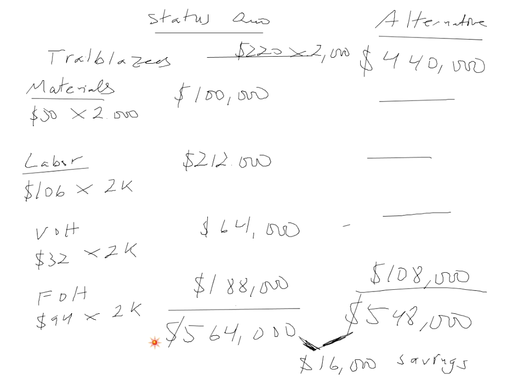So there's a lot of factors to consider. In this case, the question said that $20,000 is their threshold. If it's less than 20, then they're just going to pay the little bit extra to make the product themselves. But if they can save more than $20,000, then they're going to take the alternative and let Trailblazers make the assemblies for them.